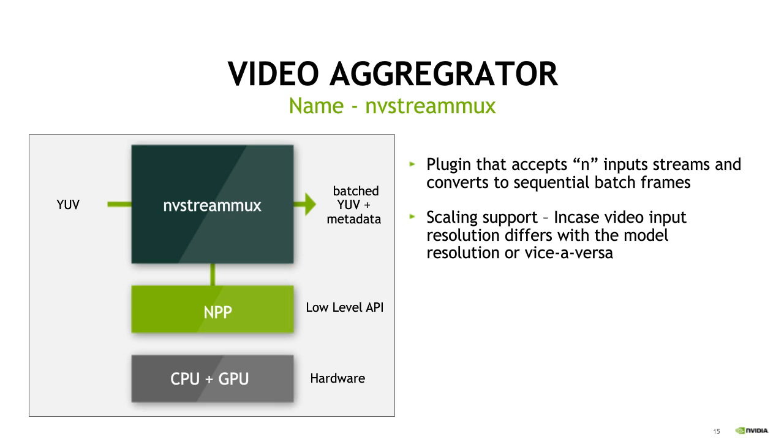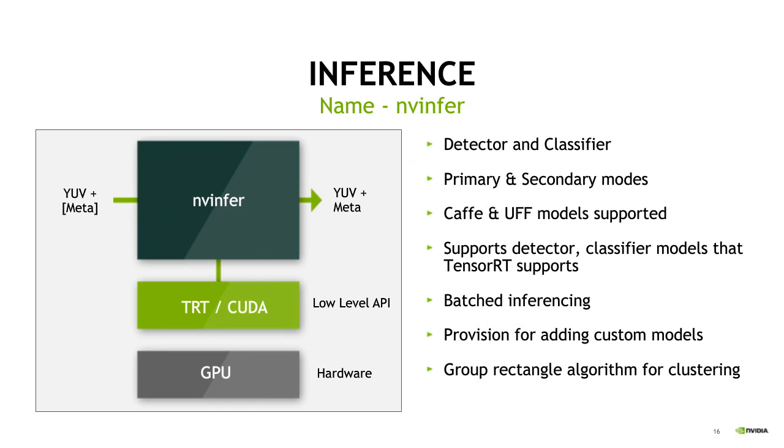Next, we have the inferencing plugin that accepts YUV data with optional metadata and outputs YUV data with generated metadata. Generating the metadata is a key function of this plugin and can include things like objects being detected and/or classified.